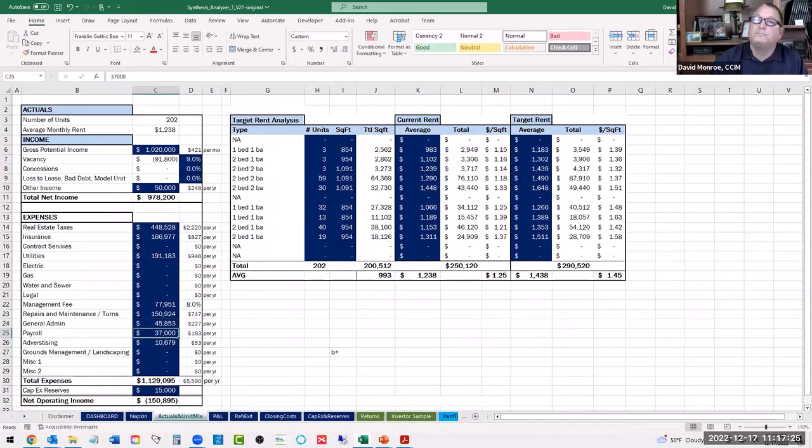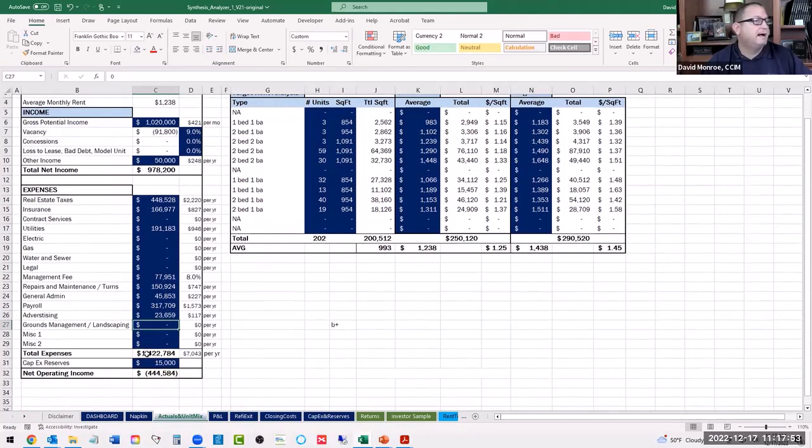Payroll, 317,709. Advertising, or in this case, marketing. Not going to worry about changing it on there. 23,659. And that covers everything.